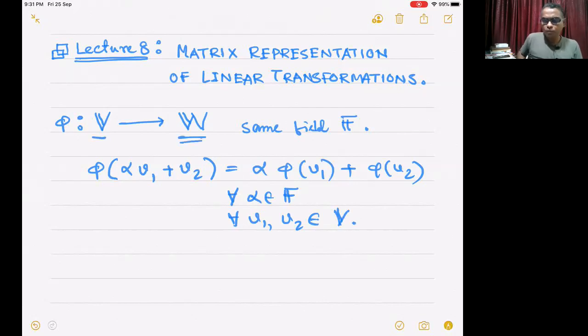We've also seen two subspaces associated with every linear map, namely the kernel of phi, which is a subspace of V, and the image of phi, which is a subspace of W.